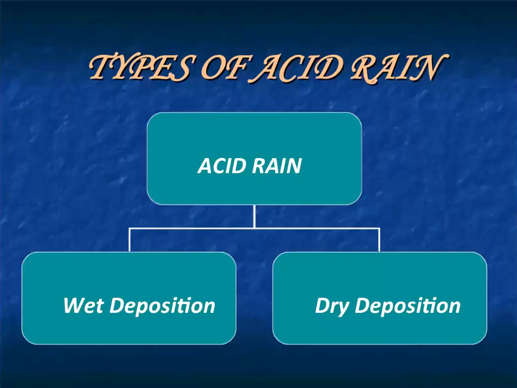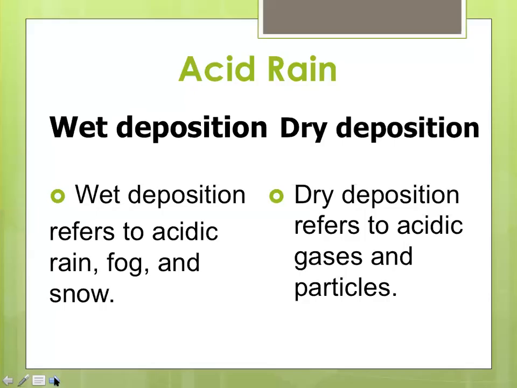So accordingly, there are two types of acid rain. Number one is the wet deposition, and the second type of acid rain is called dry deposition. If we differentiate between these two types, wet deposition refers to the acidic rain, fog, and snow, whereas dry deposition refers to the acidic gases and the particles.